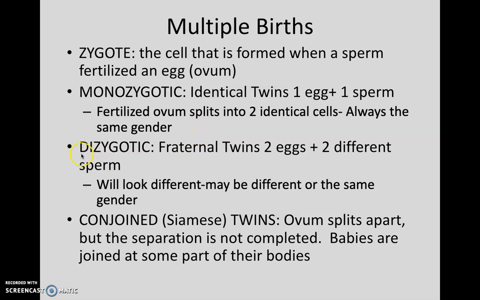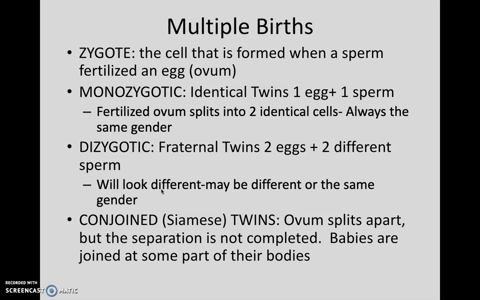Now, di means two. So dizygotic would be fraternal twins. So we have two eggs that are fertilized by two different sperm. It's happening at the same time, but because there's two separate eggs and two separate sperm, they are going to be fraternal twins. So they will not be identical. They will look different. They might look the same, but they usually have differences. And then they will not be the same gender. If they are not identical, they will not have the same gender.